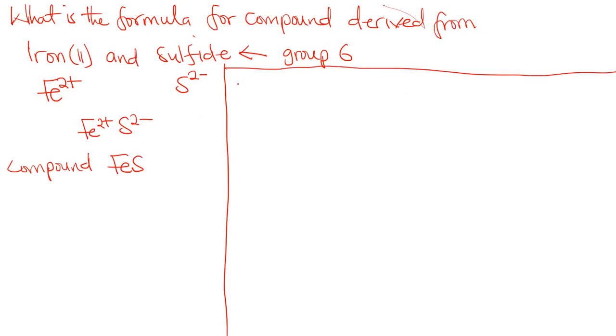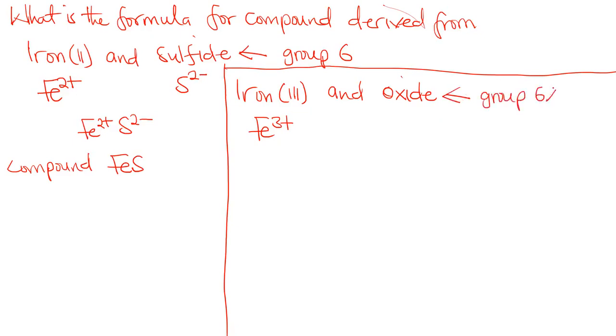So we have iron 3 and oxide. So iron 3 means that we have Fe3+. Because of the 3 here, it's indicating the charge is 3+. Oxygen is in group 6A.